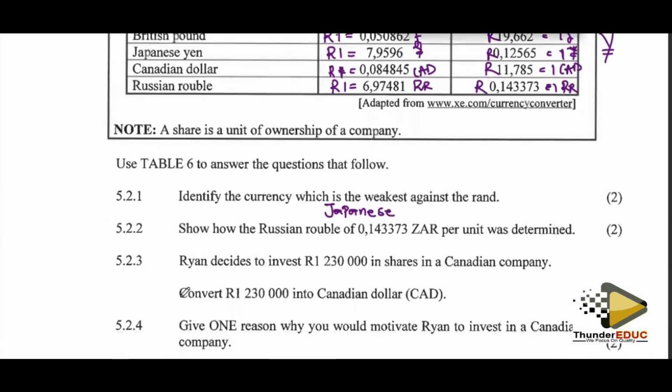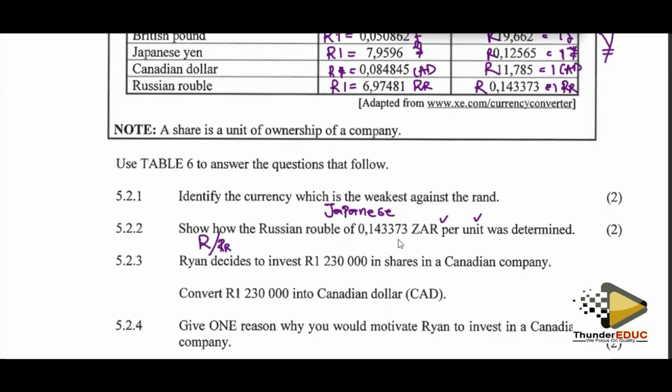All right. Show how the Russian ruble of 0.143373 ZAR per unit was determined. So simple. This is ZAR per unit. So rands per Russian what? Ruble.